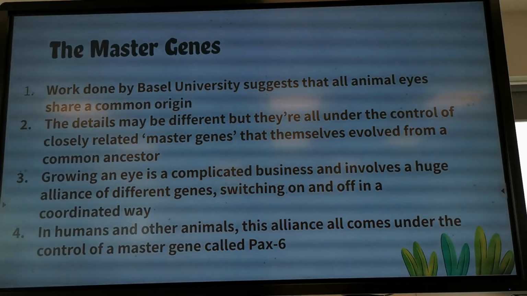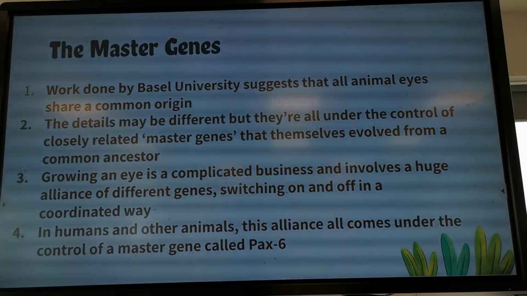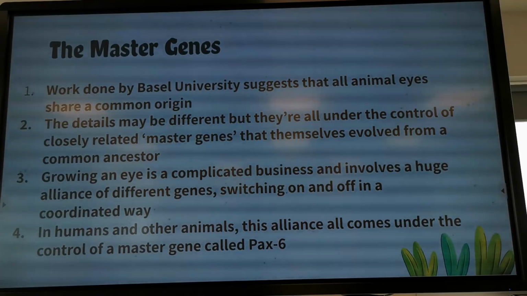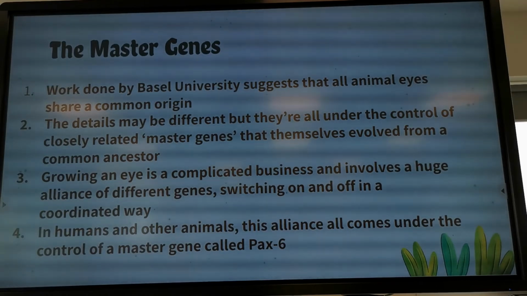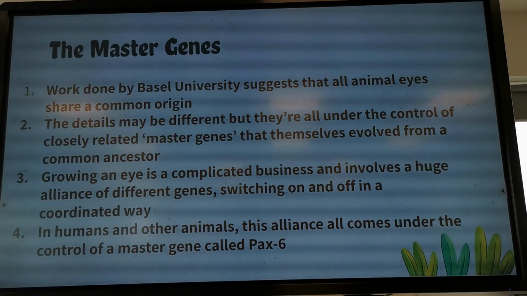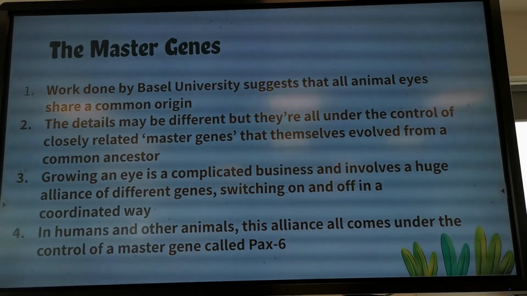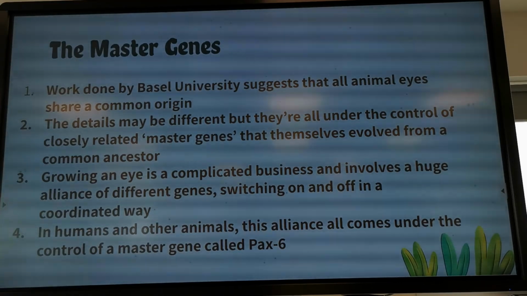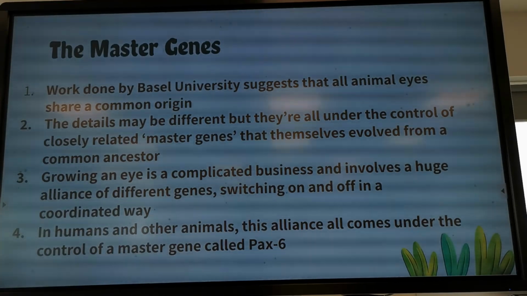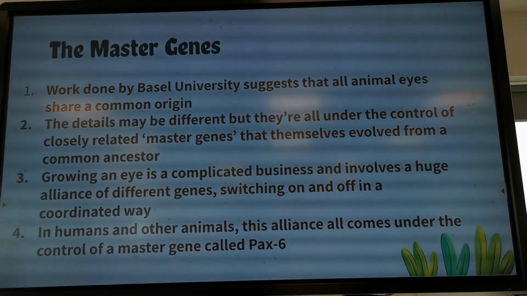So if we think about the process of growing an eye, it's definitely complicated and involves a lot of interplay between different gene groups and different types of genes to give us what we have. But it is this PAX6 gene that basically causes all that to happen. That's what actually controls everything. It's like the CPU, basically, in that sense.